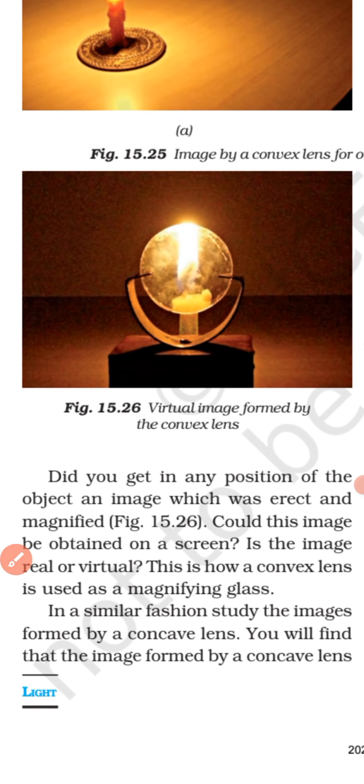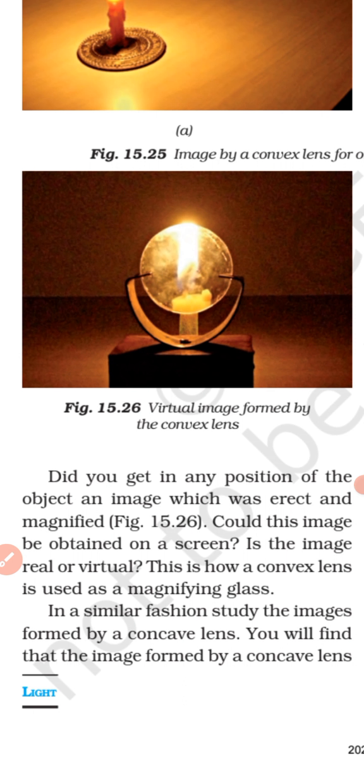So did you get in any position of the object an image which was erect and magnified? Yes, the image was erect and magnified when the object was brought nearer to the lens. Could this image be obtained on the screen?